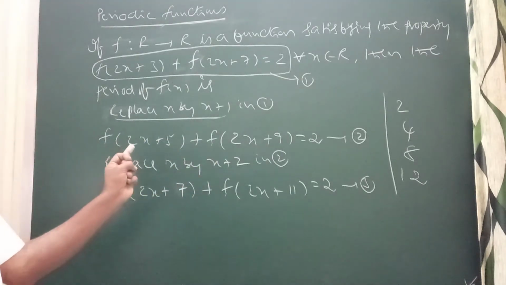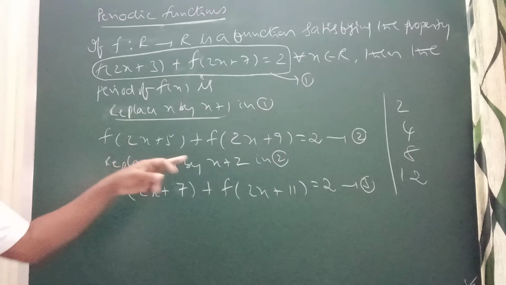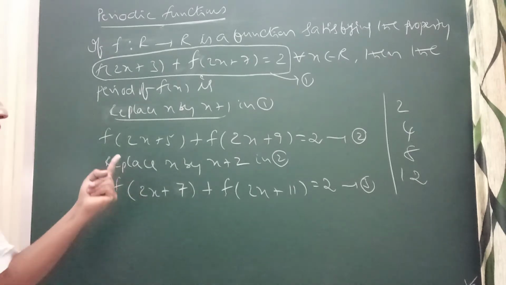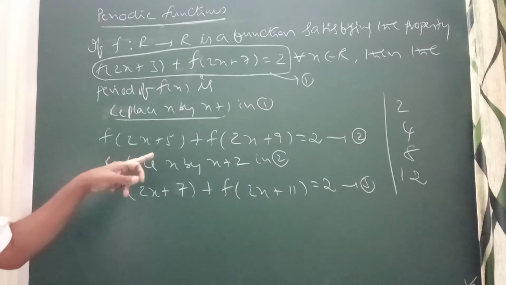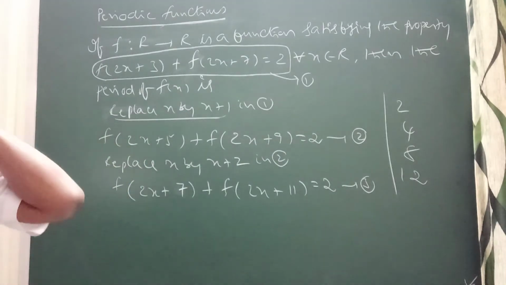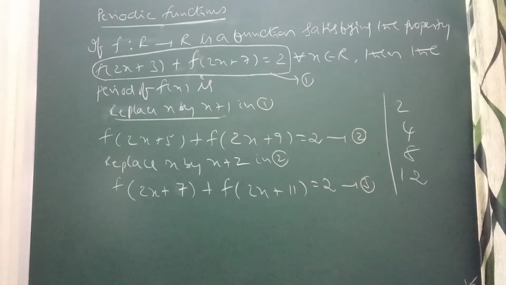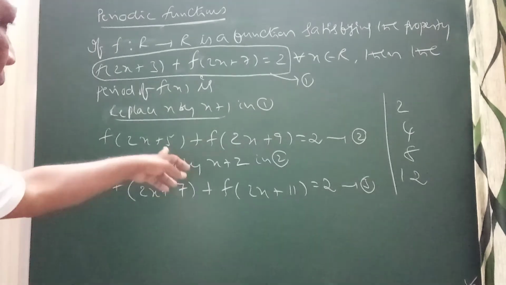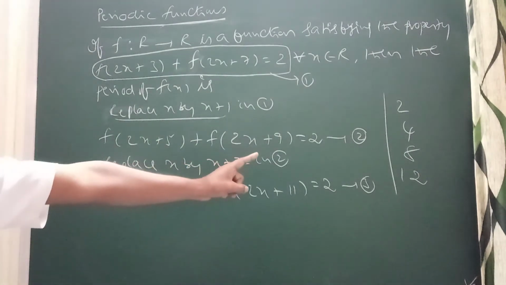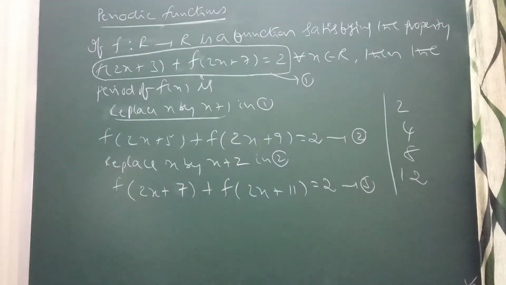Replacing with 2 into x plus 2, you will get f of 2x plus 9. You can verify what I am doing here. When I substitute, f of 2x plus 5 plus f of 2x plus 9 is equal to 2, as we got, right?